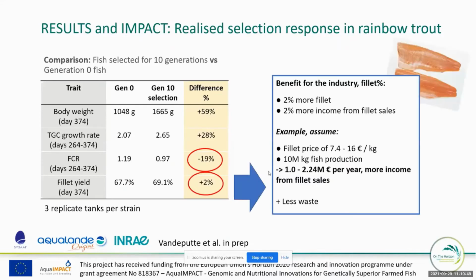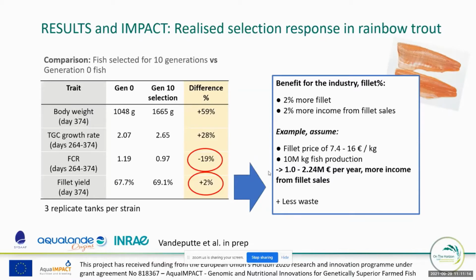This also means that there will be 2% more income from the fillet sales. We can again make a calculation, and if we have 1 million kilogram fish production, and we assume certain fillet prices, then this will mean 1 to 2.2 million euros more income per year from the fillet sales.